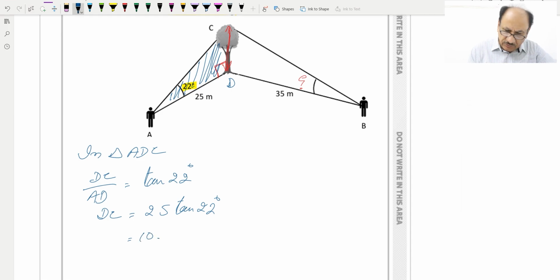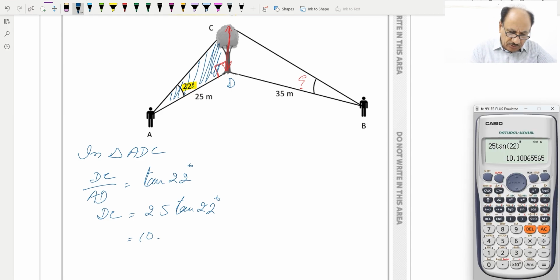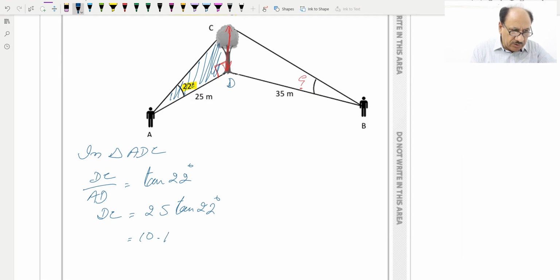We are getting 10.1. This is the height which we got, in meters because the rest of the units are in meters. So DC is 10.1 meters.